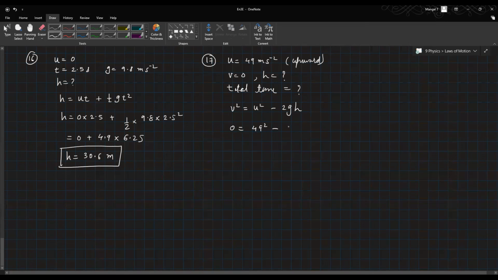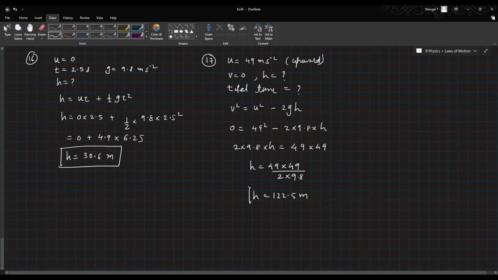I take this as 49² − 2 × 9.8 × h. So what we have is 2 × 9.8 × h is equal to 49 × 49. h will be 49 × 49 over 2 × 9.8. The value of h will be 102.5 meters.